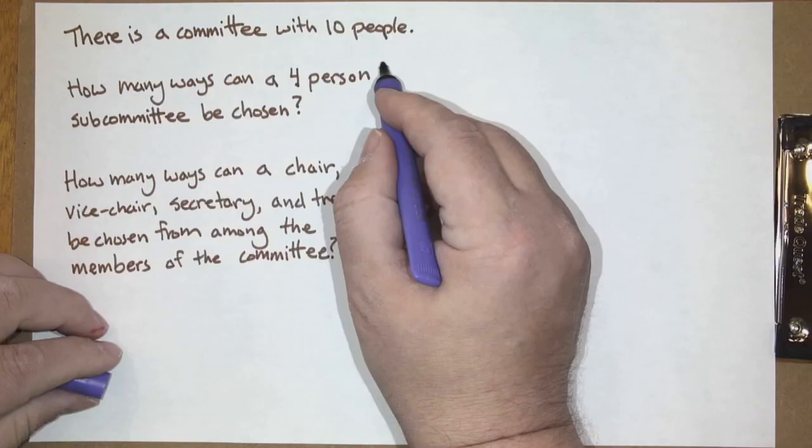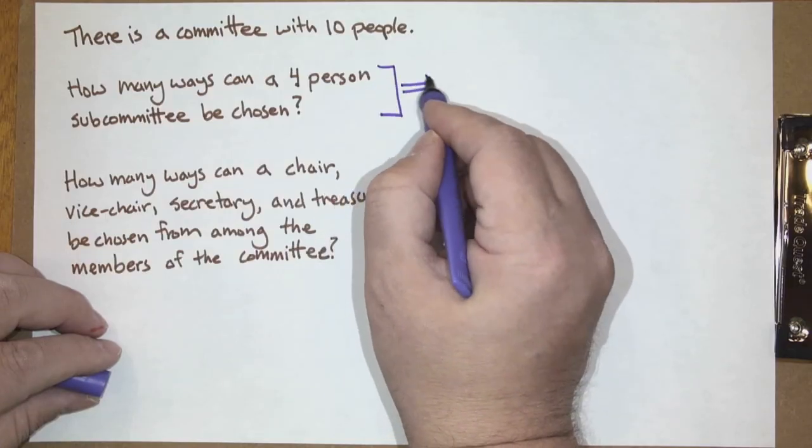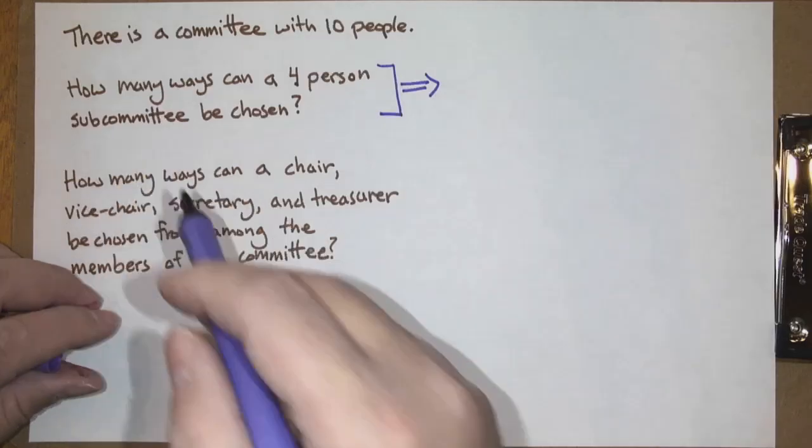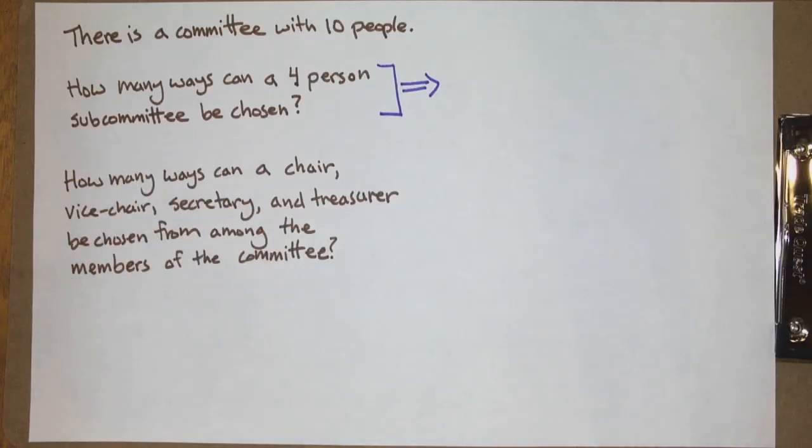All right. So there's a committee with 10 people, a group of people. How many ways can a 4-person subcommittee be chosen? Okay, so let's deal with this one first. We have a 4-person smaller collection. Is this permutation, combination? Which one? Combination. Because it's just a subcommittee, it's just like I have a group, it's like a set. I'm making a smaller set.